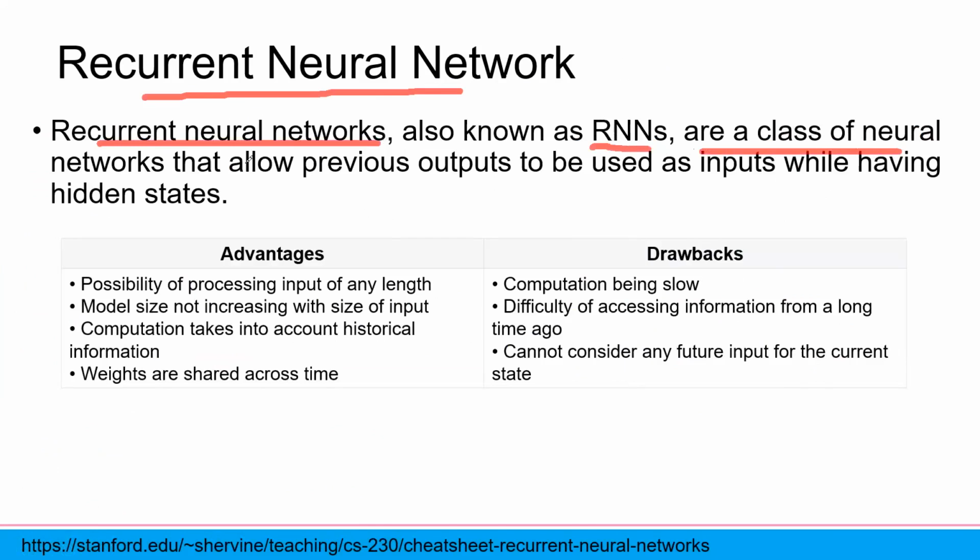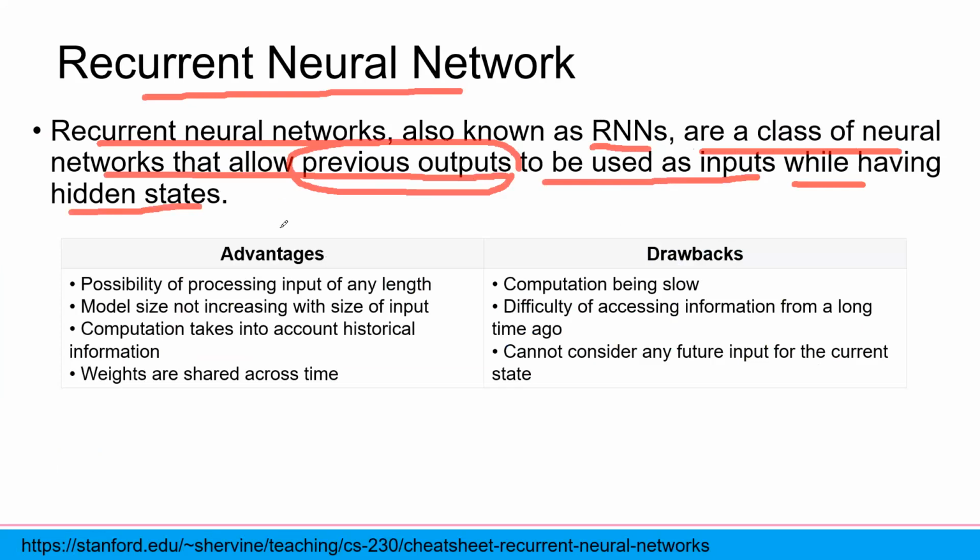It is a class of neural networks that allow previous outputs. So this one is the keyword, the previous outputs to be used as inputs while having hidden states. So we will see the architecture about what is the previous outputs.